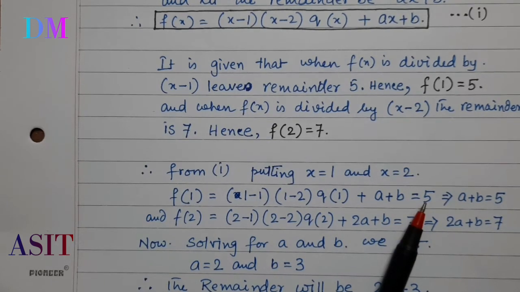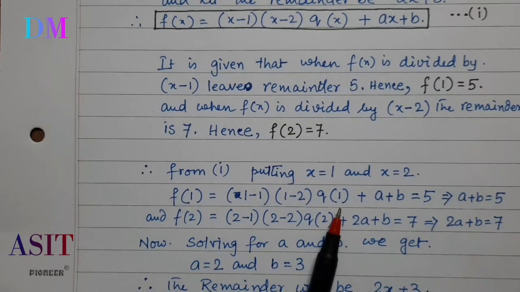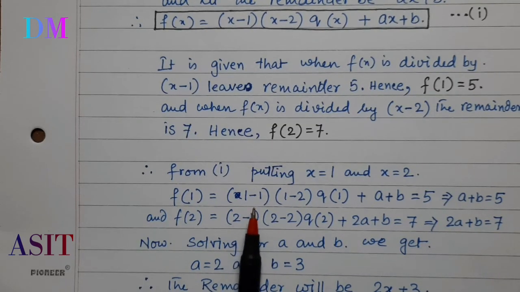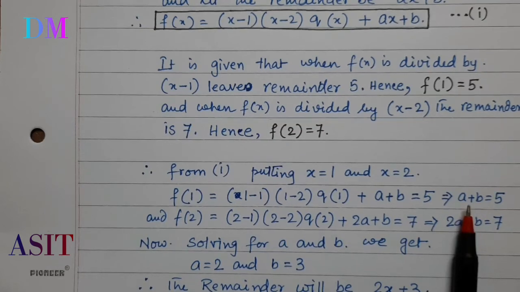And since f(1) equals 5, we can write this expression equals 5. Now since 1 minus 1 equals 0, the entire term will become 0. Hence we can write a plus b equals 5.